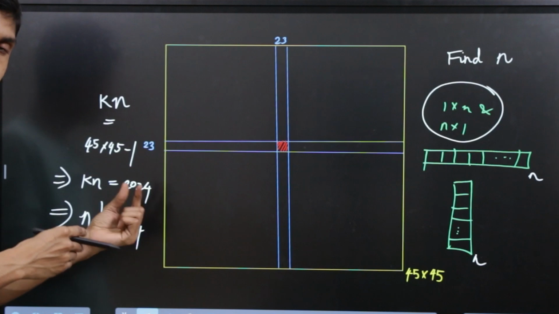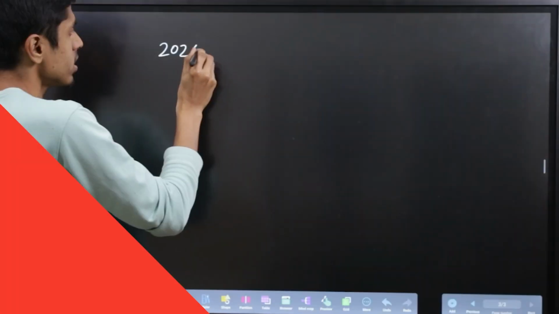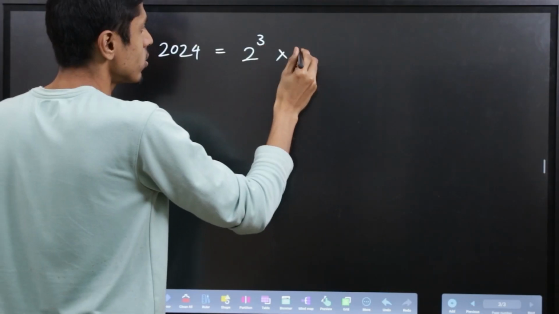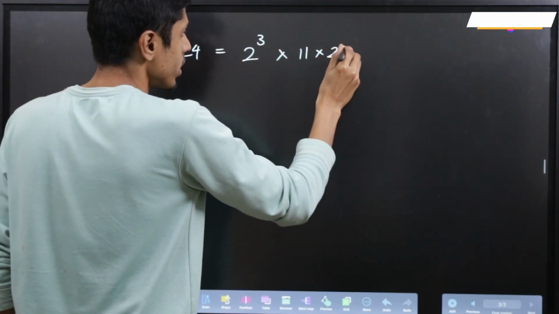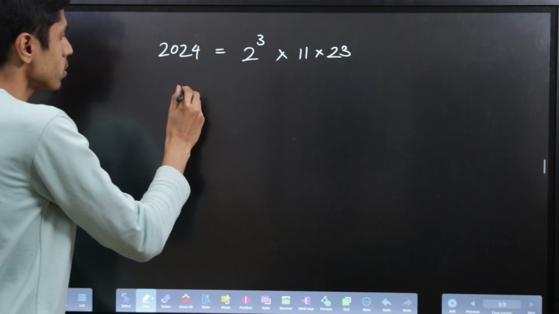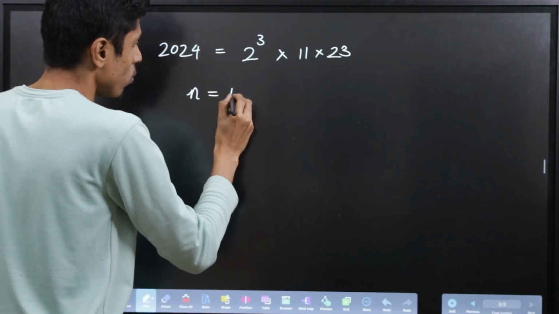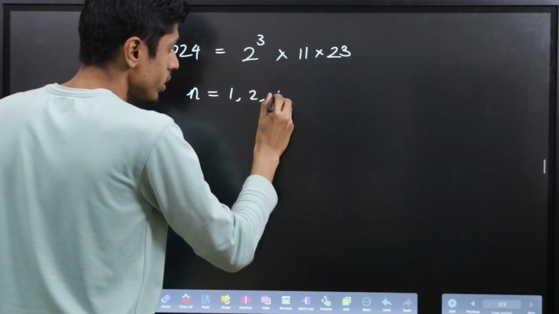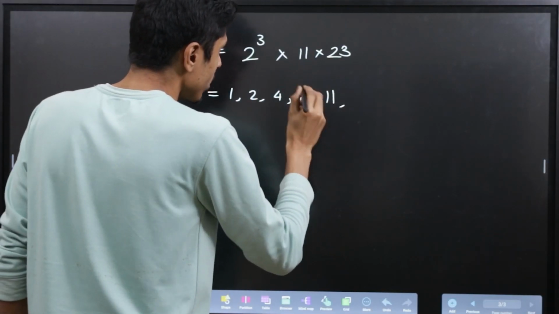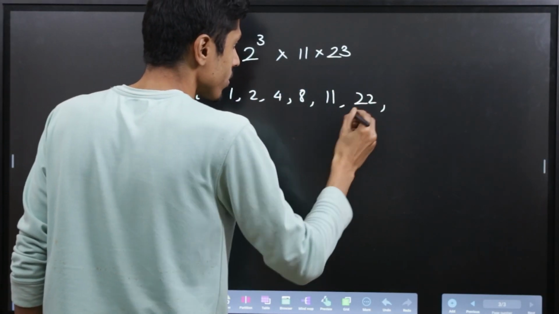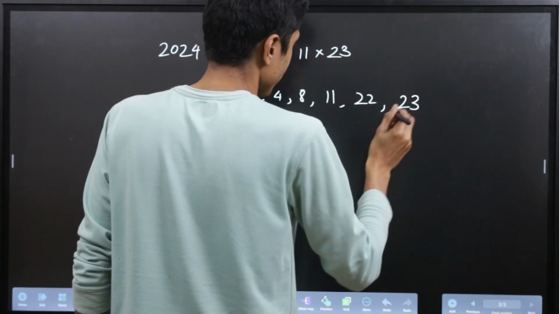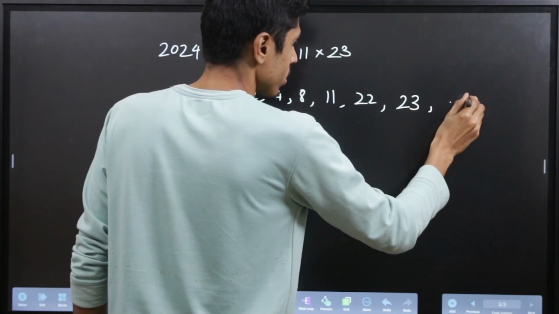We are just going to work with the divisors of 2024. Just a quick calculation: 2024 can be factorized into 2 cubed times 11 times 23 in its canonical prime factorization. So the possible values of n are 1, 2, 2 squared which is 4, 2 cubed which is 8, 11, 11 times 2 which is 22, 23 and so on.